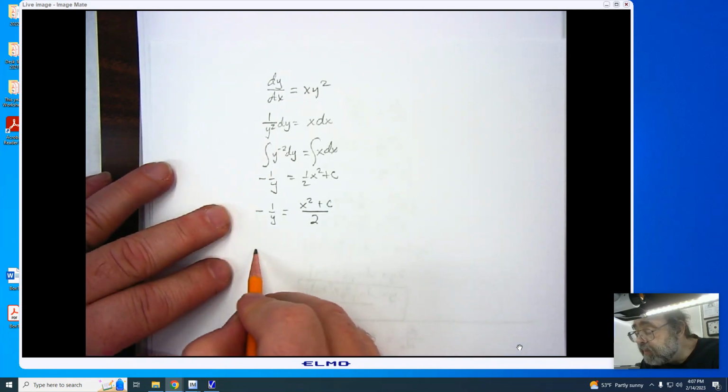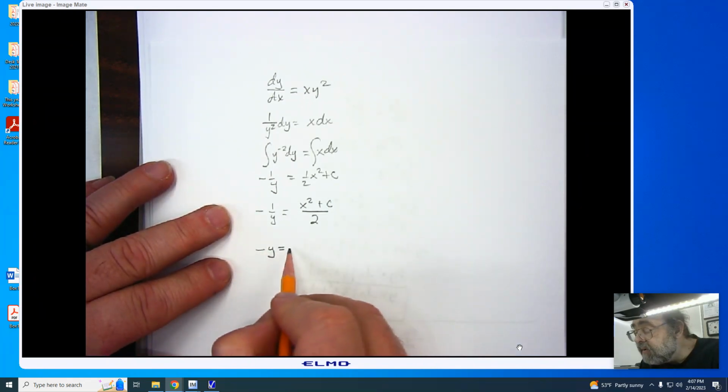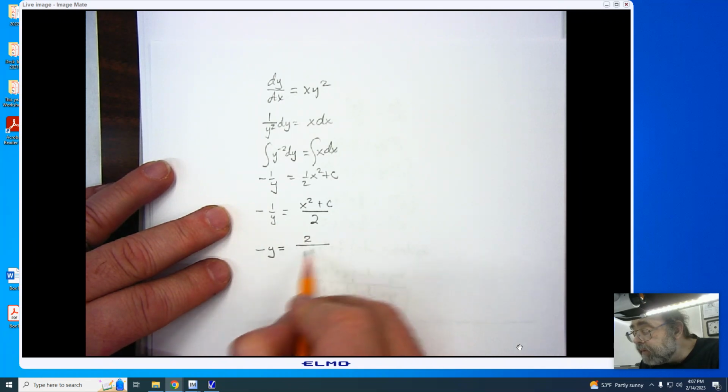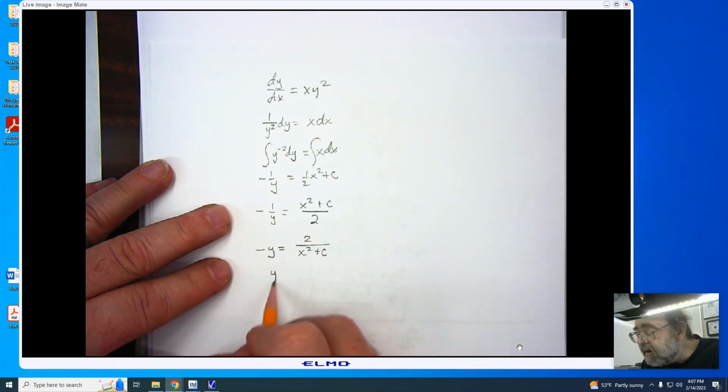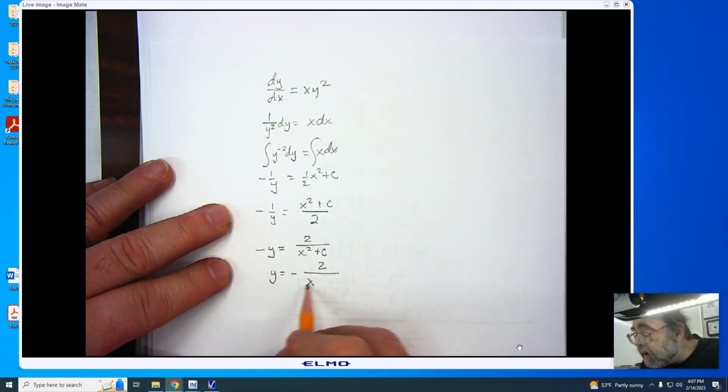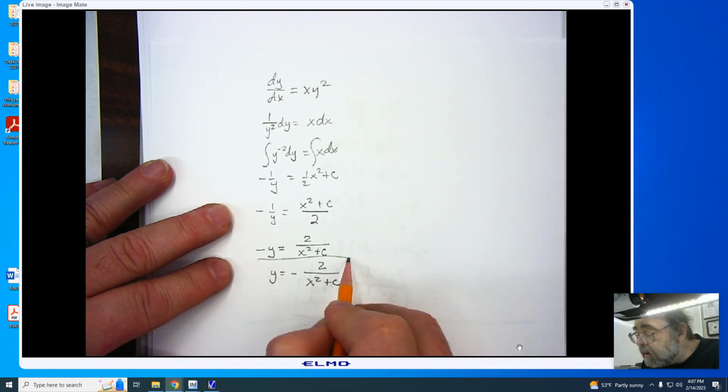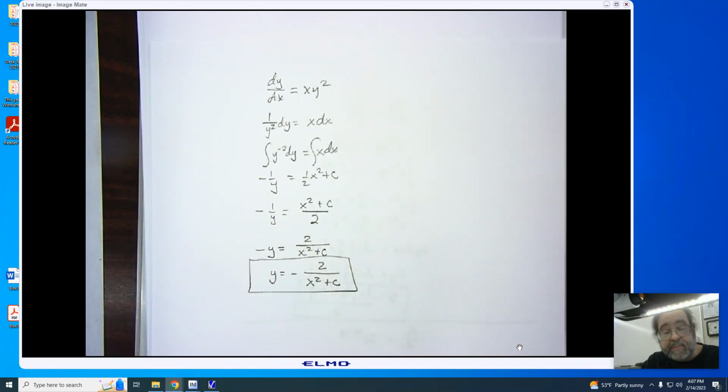Now I can take the reciprocal of both sides. Negative y equals 2 over x squared plus c, and then multiply by the negative to give me y equals the negative fraction 2 over x squared plus c. And that's my answer to number 6.